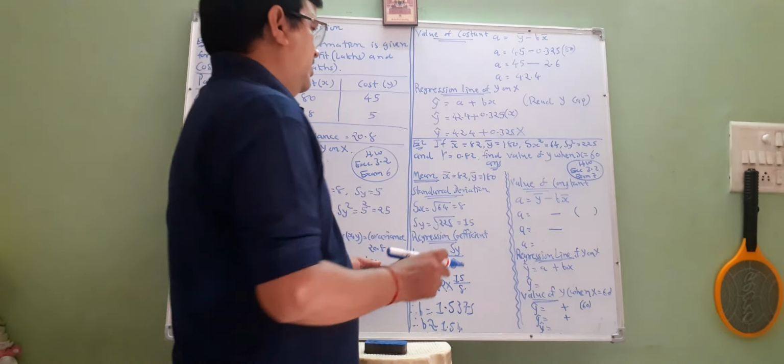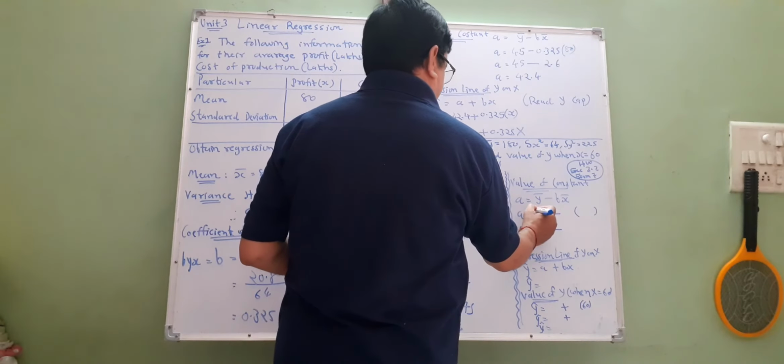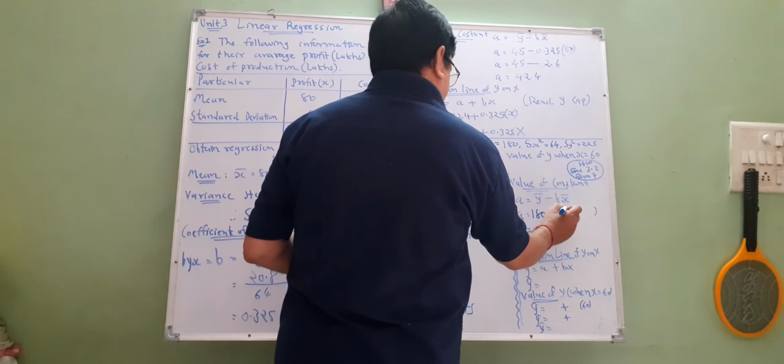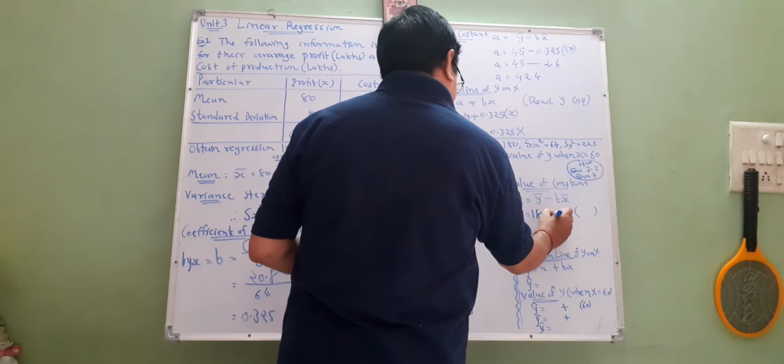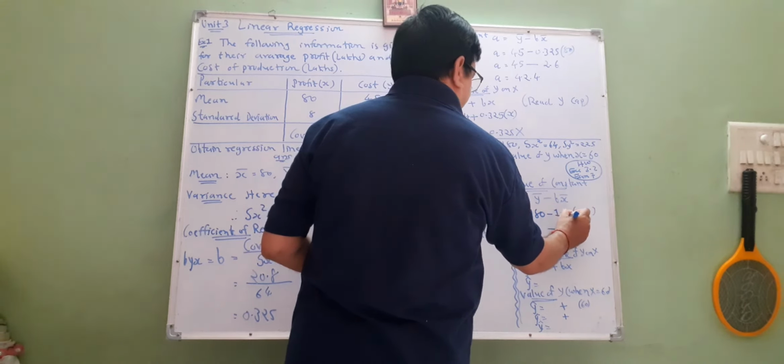So now the value of constant, first step: y bar 180 minus b, 1.54, into x bar 82.